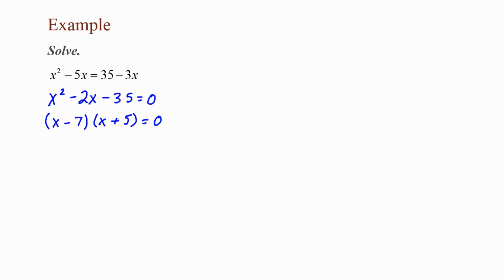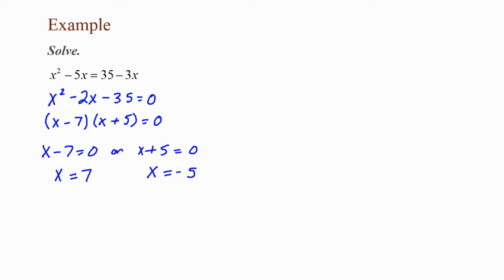Using my zero factor property, x minus 7 equals 0, or x plus 5 equals 0. For x minus 7 equals 0, I add 7 to both sides, and x equals 7. x plus 5 equals 0, subtract 5 from both sides, and x equals negative 5.